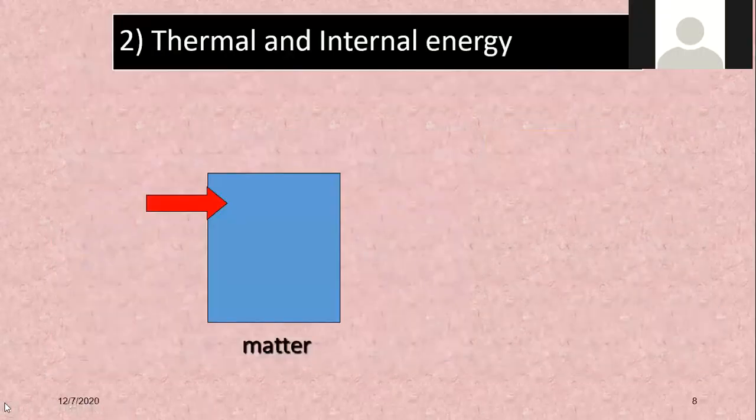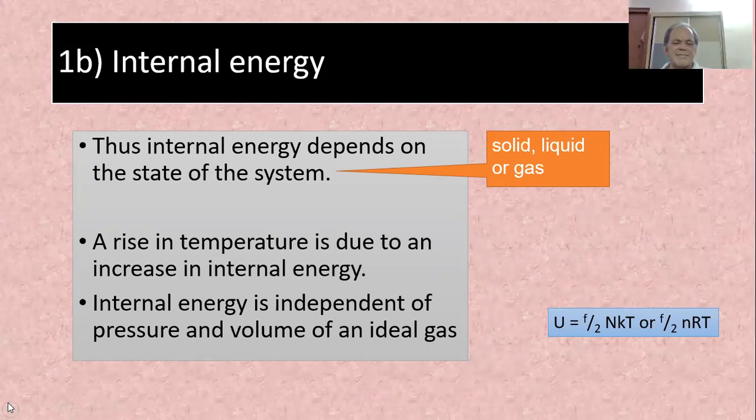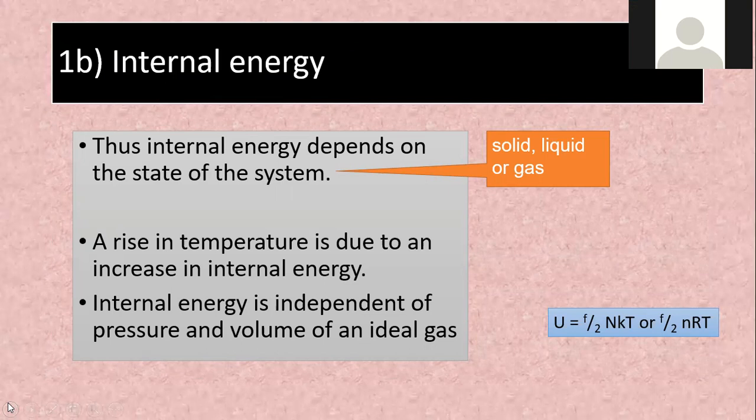The internal energy is basically for ideal gas, right? Yeah, we are looking at ideal gas only. So rise in temperature is because of the ideal gas only. You can see from the formula: temperature rise, internal energy rise.